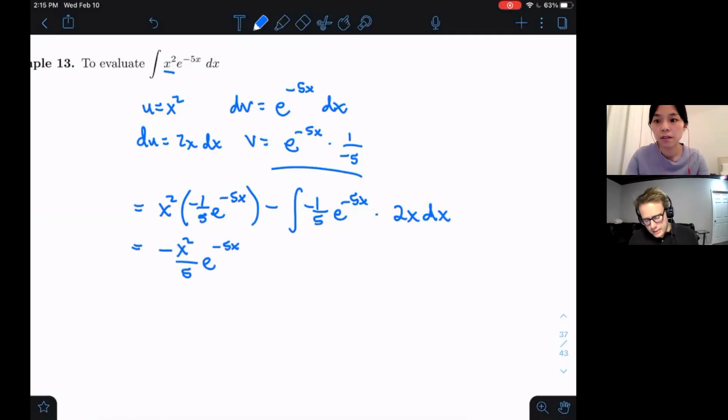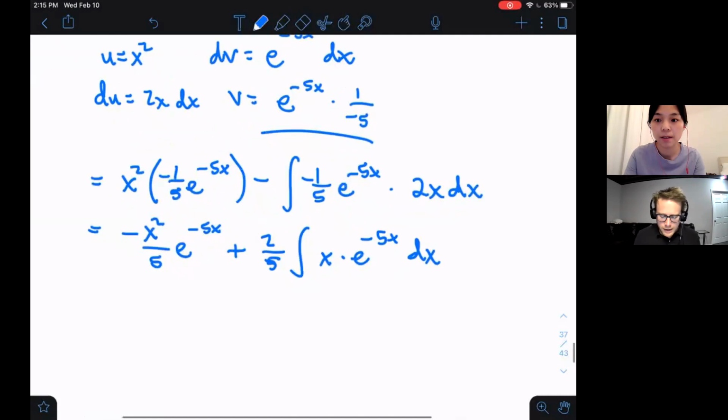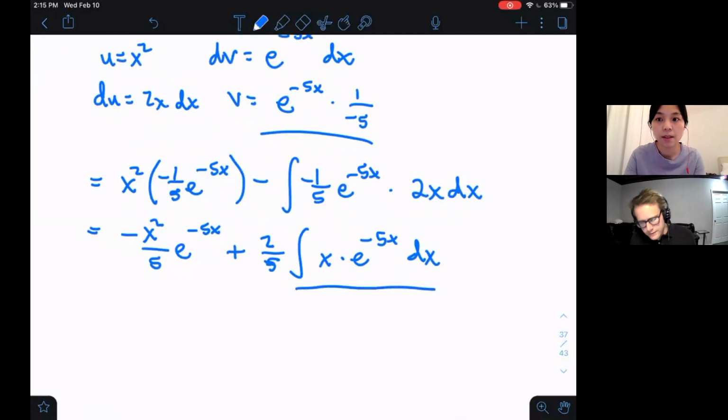We have minus a negative, so that's going to be plus. We can factor out or remove these constants out into the front. So we have a 2 on top and a 5 on bottom. And then we're going to have x times e to the negative 5x. And again, the question we always ask ourselves is, is this simpler than it was before? Is this a good path to take?